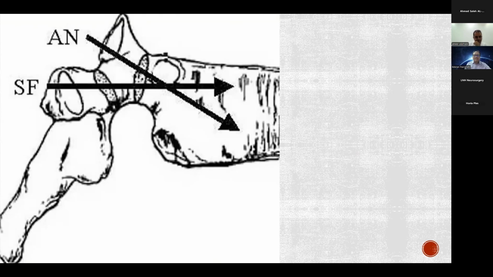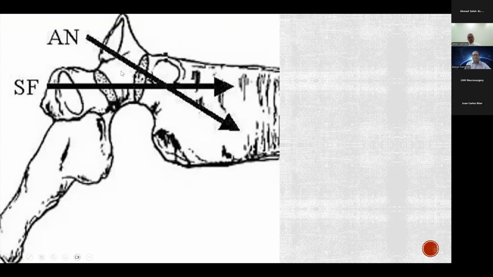All of us routinely do lumbar spine, but thoracic is not very common, and the anatomy of the thoracic vertebra is a little different from lumbar. In thoracic, the pedicle is very thin, so one has to have a thorough anatomical knowledge of the spine and its orientation to do a pedicle fixation without any complications.